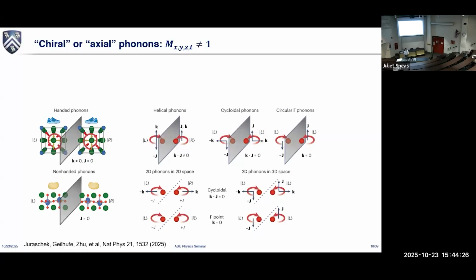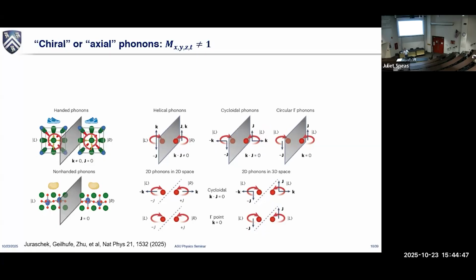In any case, because all of these atomic motions break some symmetry, we would be able to predict a finite coupling between the phonons and an object with the same symmetry group.